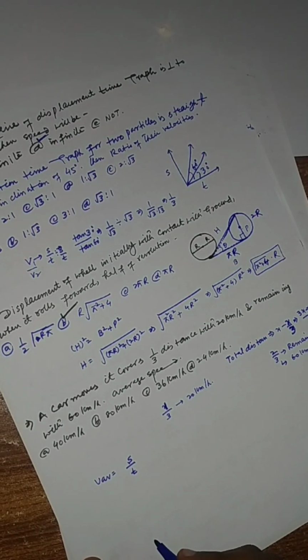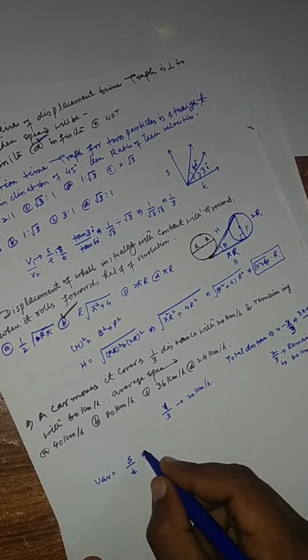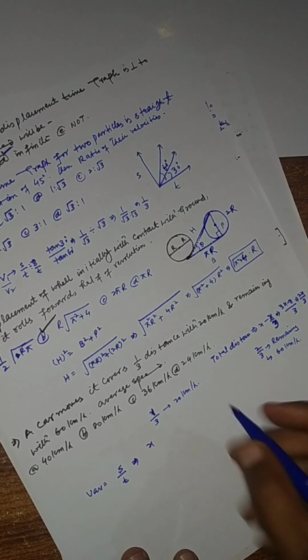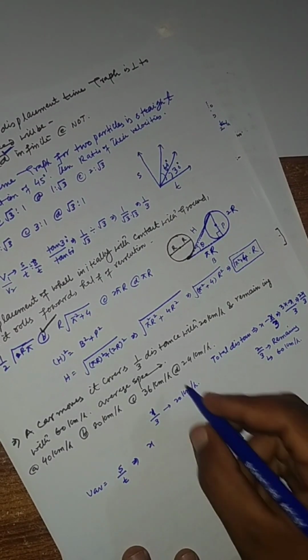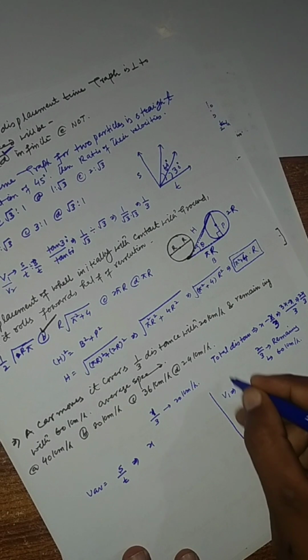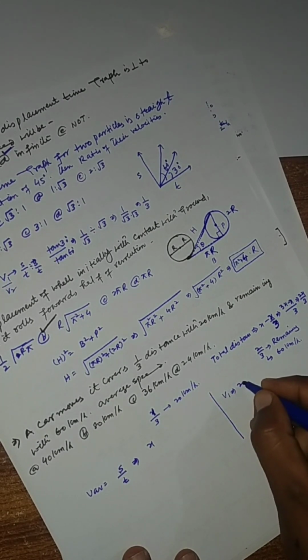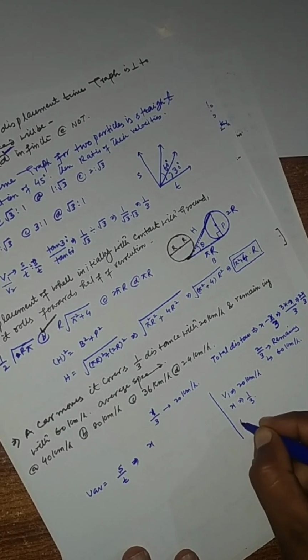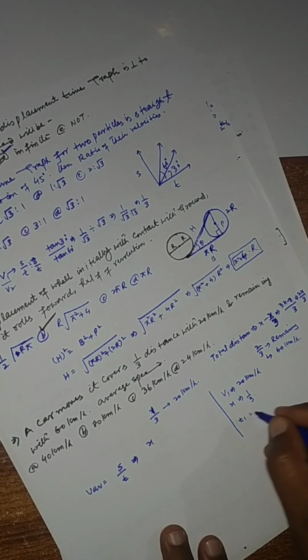Total distance is x, and how much is the time? For time we have given the speeds. Let's say v1 equals 20 km/h and the distance is 1 over 3. So time is equal to s over v1.